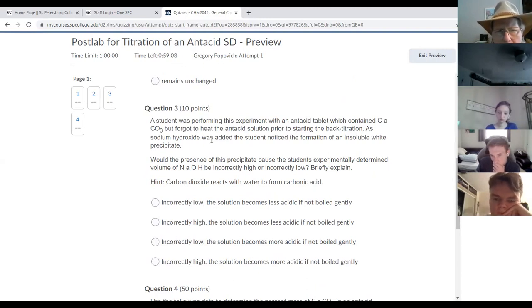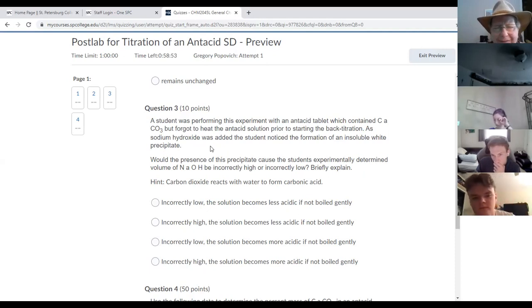Okay. This one, in the normal experiment, what you're supposed to do is heat the antacid to get the entire antacid dissolved. If you didn't do that, sometimes you get another precipitate forming.